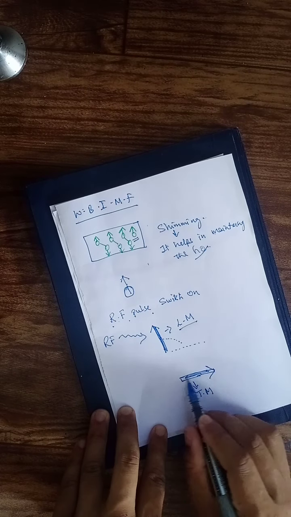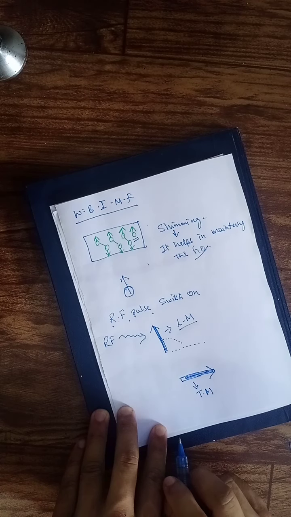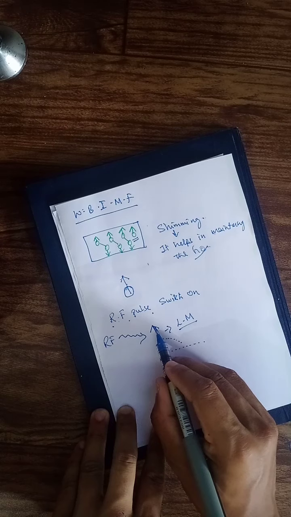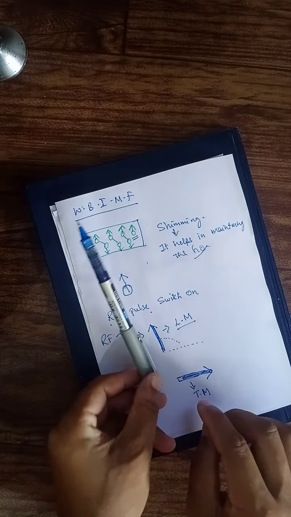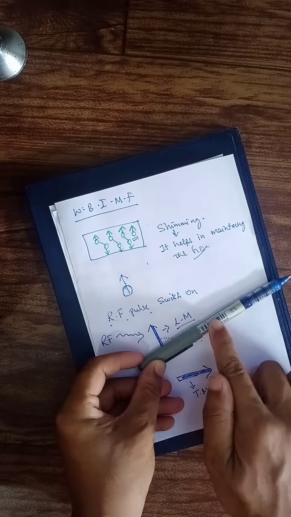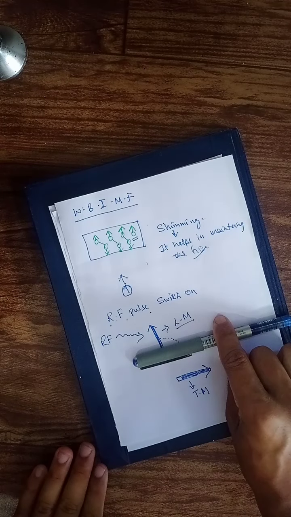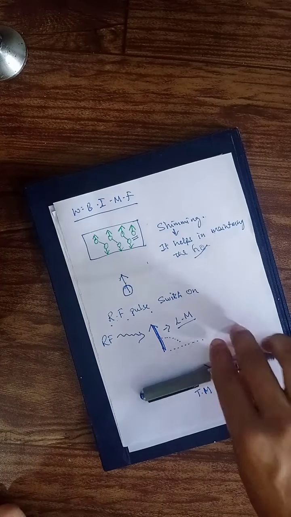Can you understand? From the longitudinal magnetization it goes to the transverse magnetization when your RF pulse is switched on. So this is the third step.